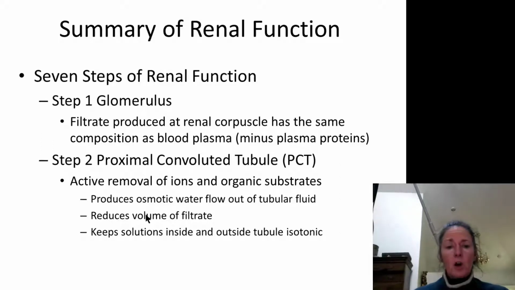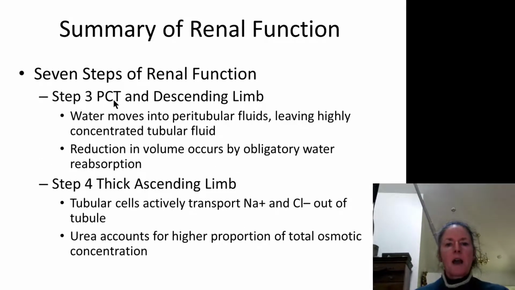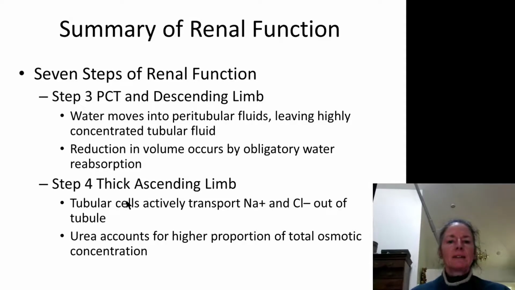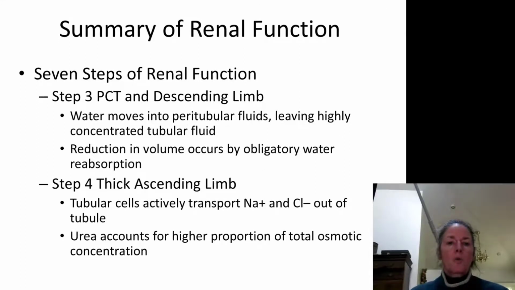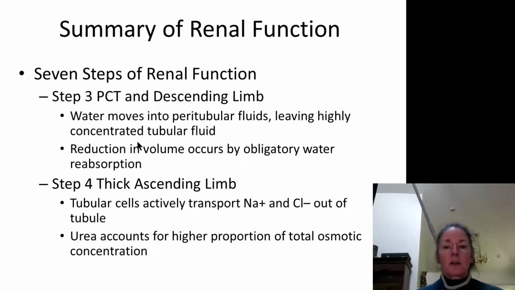All right, so once we get to the proximal convoluted tubuli, we reclaim most of what we want: the water and our organic substrates, our sugars, our amino acids, vitamins, and a lot of our ions. So the whole point of the descending and ascending limb of the loop of Henle is to concentrate the urine. So we're going to move water from the peritubular fluid into the surrounding interstitial space.